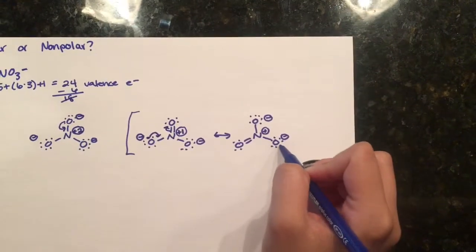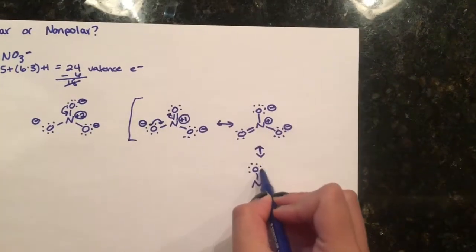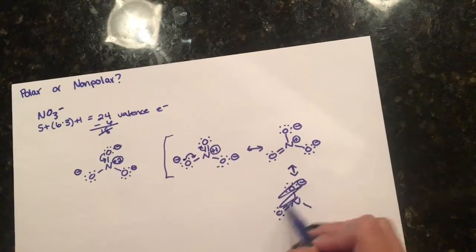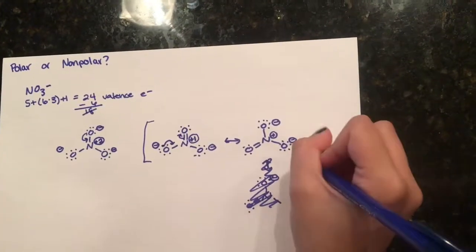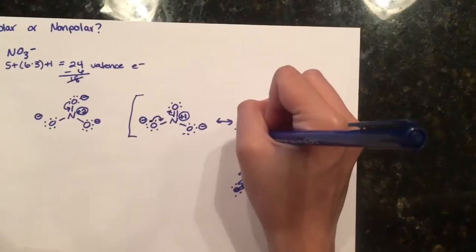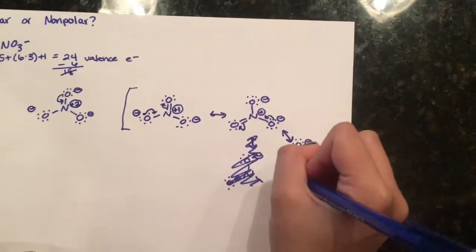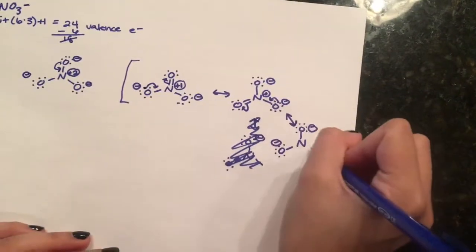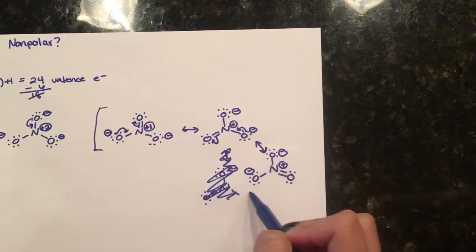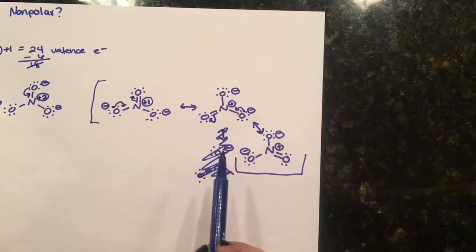And we can do the same thing for this oxygen. Okay, so now we're left with 3 resonance structures, but this still isn't enough to answer the question.